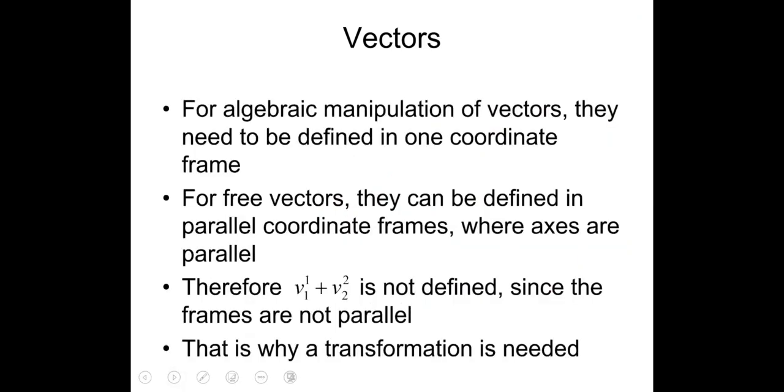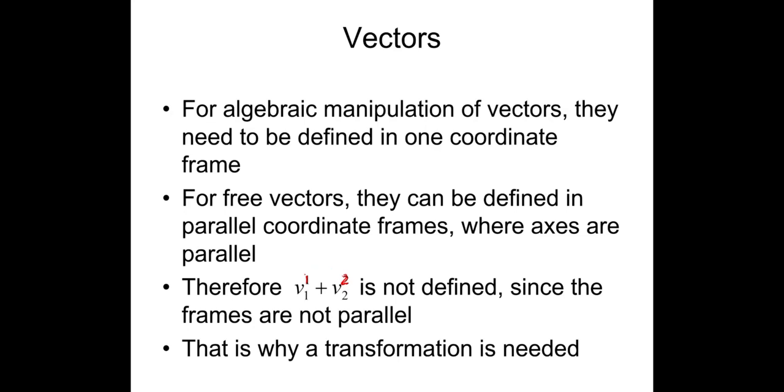So for free vectors, they can be defined in parallel coordinate frames where axes are parallel. And so here, if the references are different, so for example, V11 and the reference is 1, and V22, the reference is 2, is not defined. So we cannot do the sum of these two, since the two frames are not parallel.